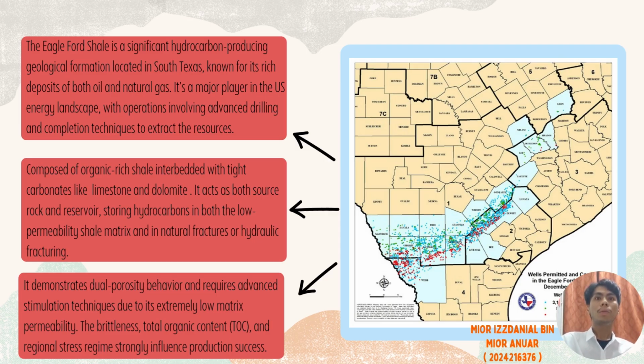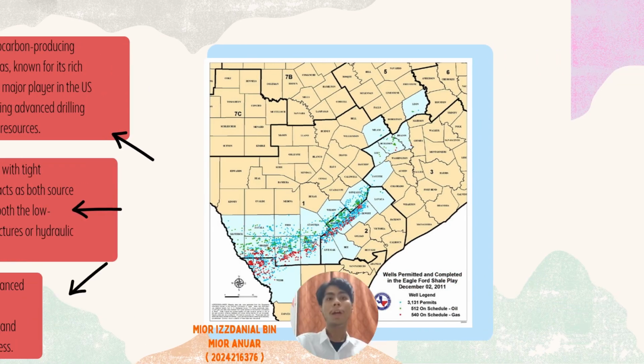It demonstrates dual porosity behavior and requires advanced stimulation techniques due to extremely low matrix permeability. The key factor is total organic content, or TOC, and the regional stress regime strongly influences production success. And this is the picture of the Eagle Ford shale location.